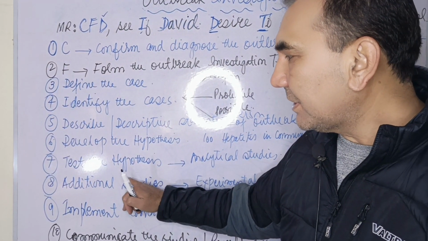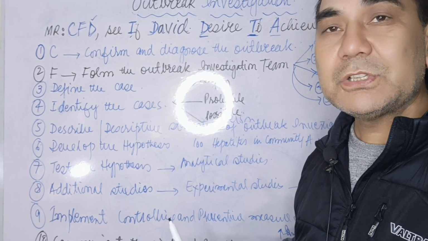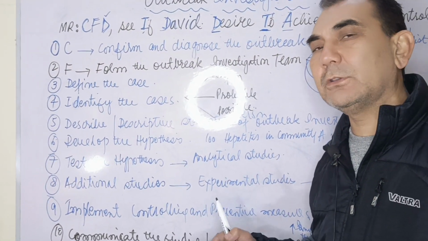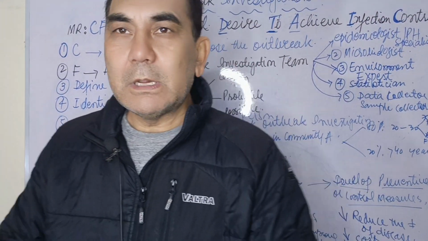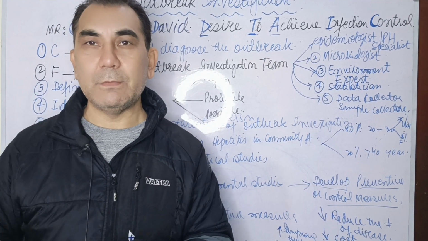After testing the hypothesis, you will conduct additional studies, and the additional studies are mostly experimental studies. Through the experimental studies you will come up with concrete controlling or preventive measures.